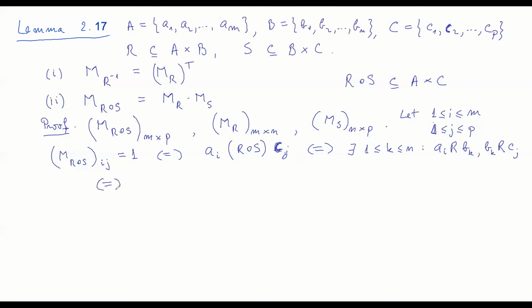And so this is equivalent with, there is a k between 1 and n such that the entry of matrix MR at ik is equal to 1, and the entry in matrix, I'm sorry, there was a mistake here, this is not an R, it's an S, so I'm fixing this. So the matrix MS at position k and j is 1.